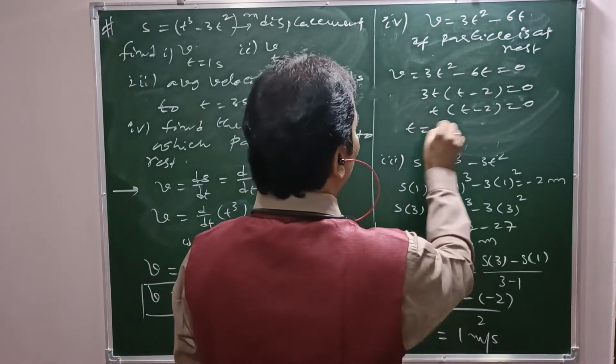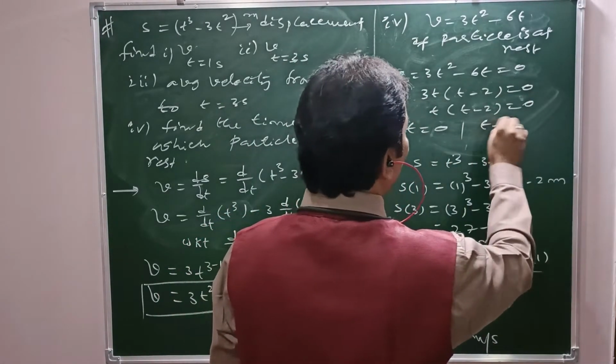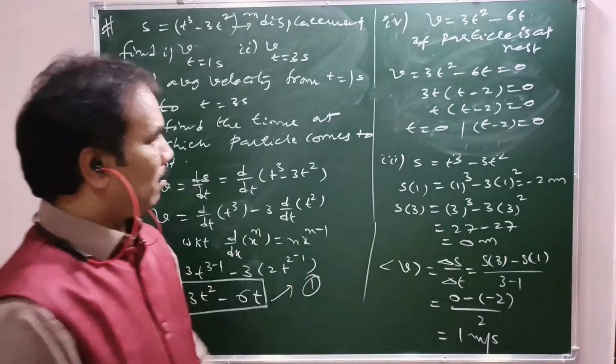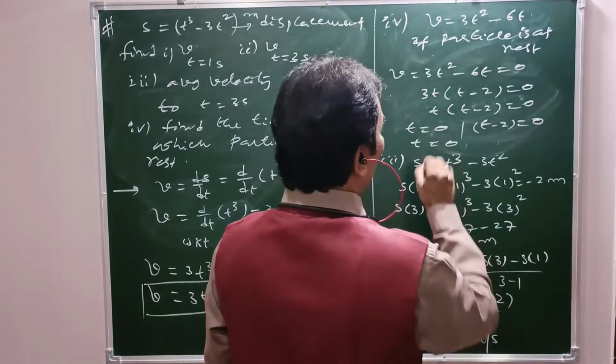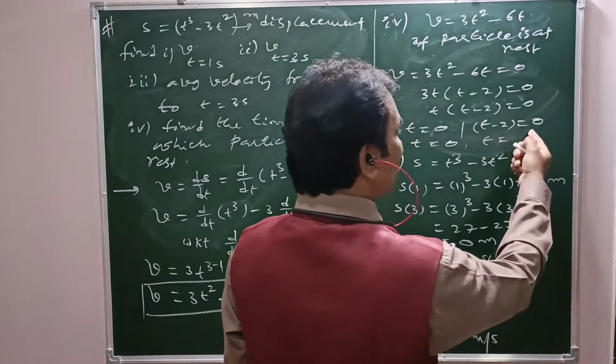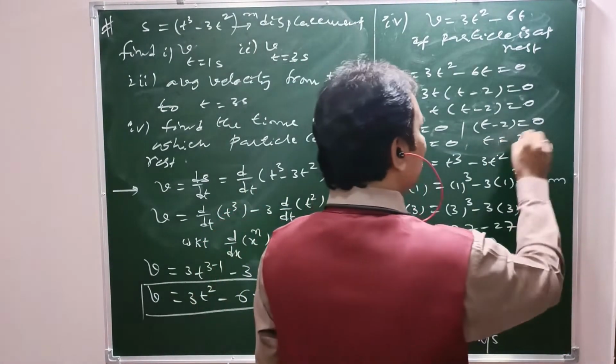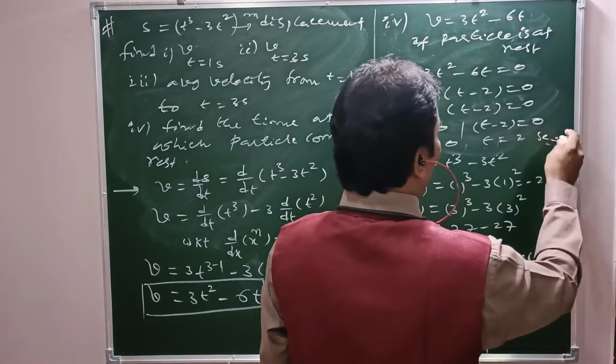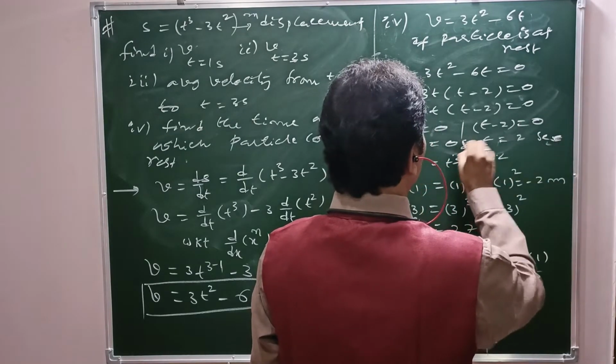So either t equals 0 or t minus 2 equals 0, that is t equals 2 seconds. This is the final answer.